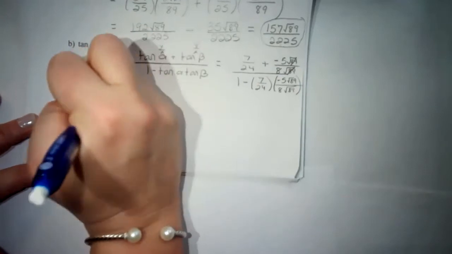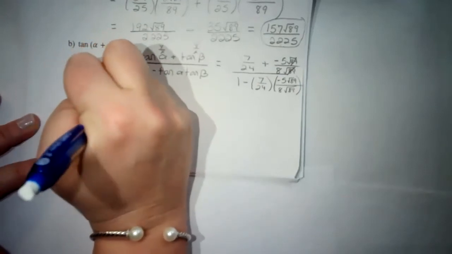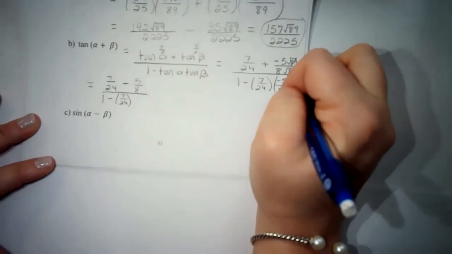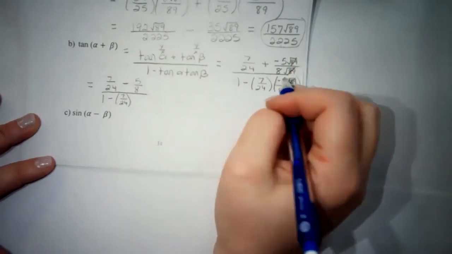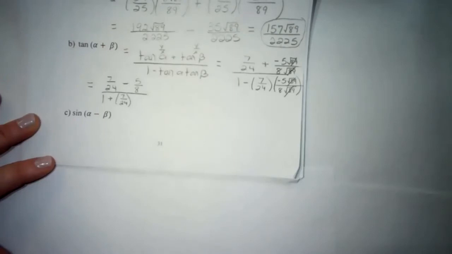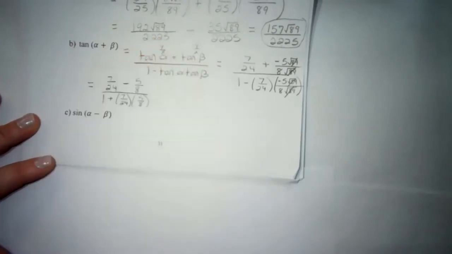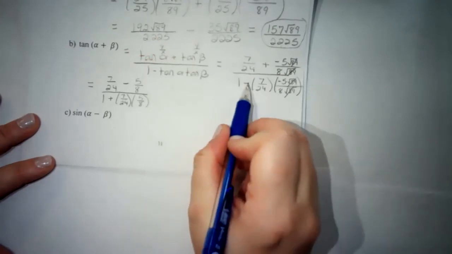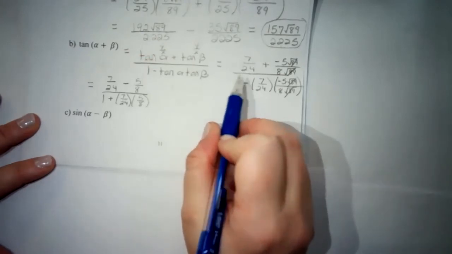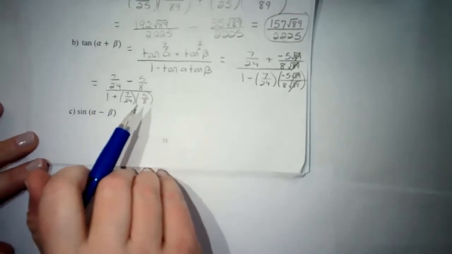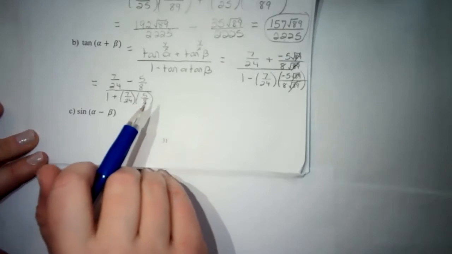Okay, down here, I'm going to have 1 minus 7/24. Look what else cancels. Oh, and there's a negative, so this is actually going to be a plus. Sorry, guys. 5/8. Okay, I just moved his negative over to here. So minus a negative would be positive. Everybody okay with that so far? That was really kind of nice. Those root of 89s left.